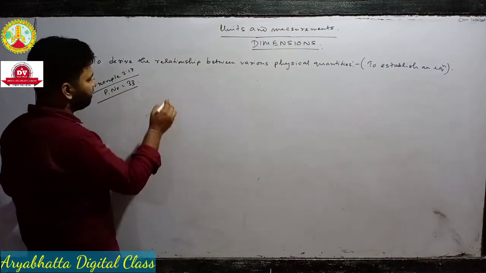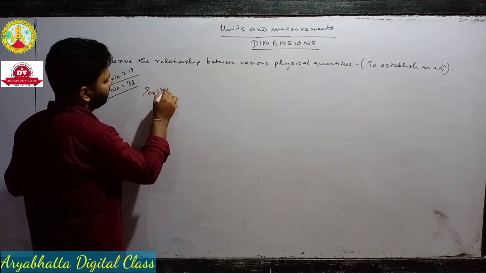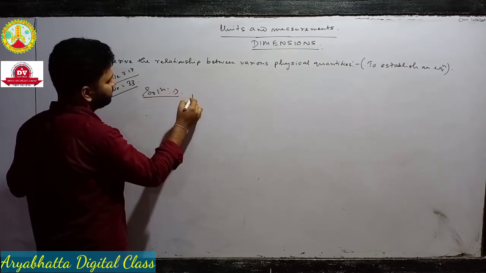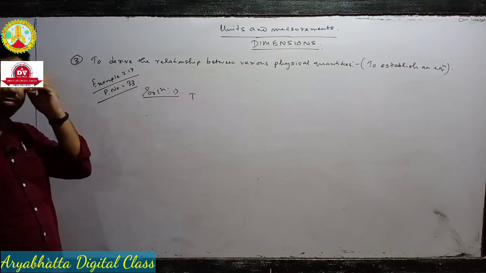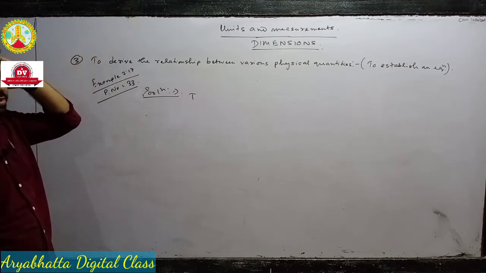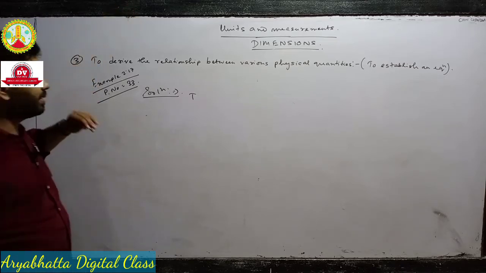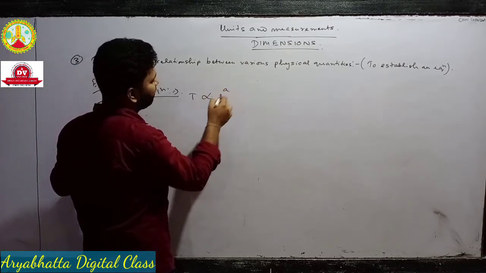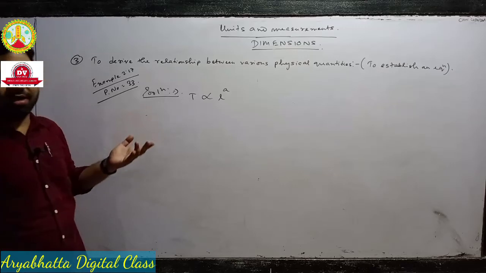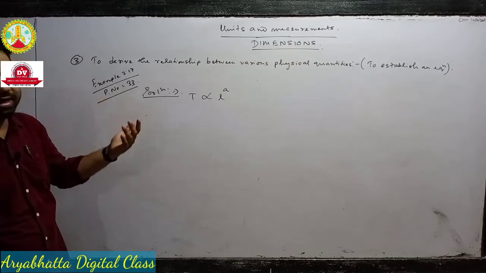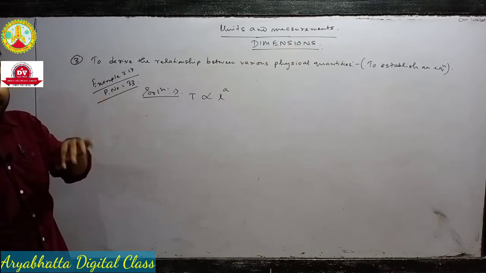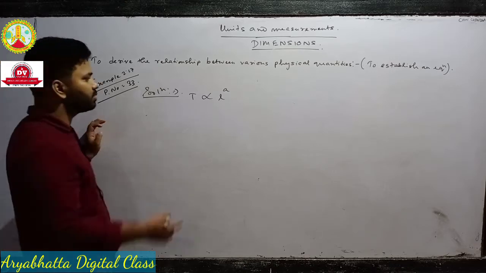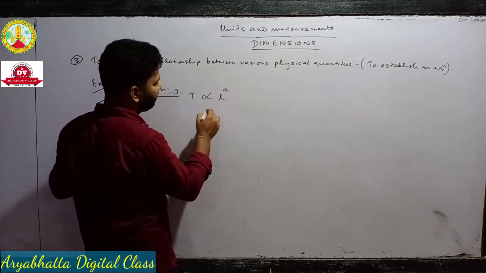Time period is represented by T. So the time period of a simple pendulum depends on the length of the pendulum, so L to the power a. For how many times L will be involved? To the power 1, minus 1, 2, 3, we do not know. So we have given this value as a.